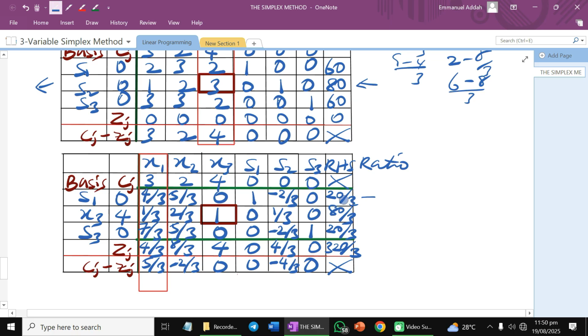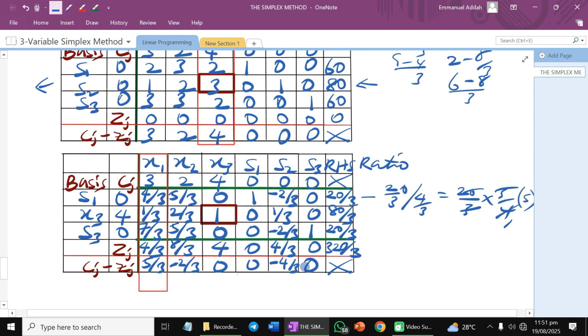So let's divide 20 over 3 by 4 over 3. That will be equal to 20 over 3 times 3 over 4. This will cancel, and you have 5. So the ratio here is 5.